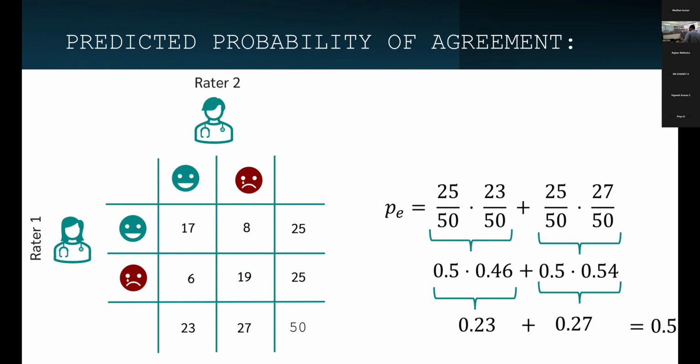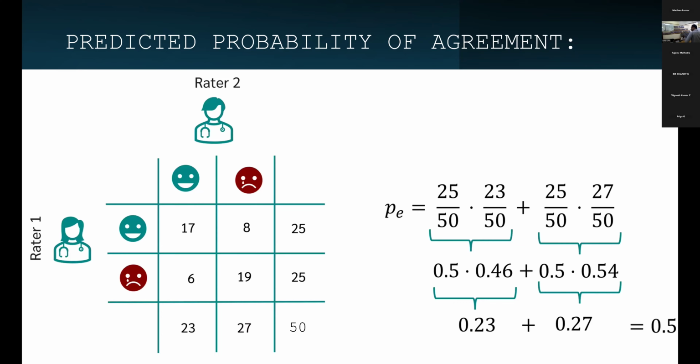Now, what is the probability that rater number 2 also said these patients are not depressed by pure chance? That is 23 out of 50. If you multiply the two, you get the probability that both of them said that by pure chance. That gives the concordance for the not depressed patients by pure chance.